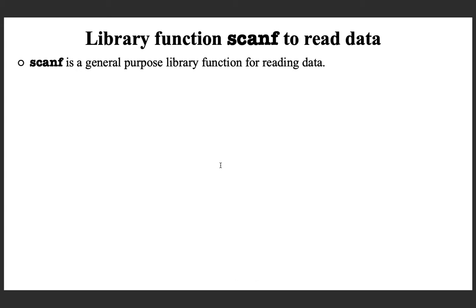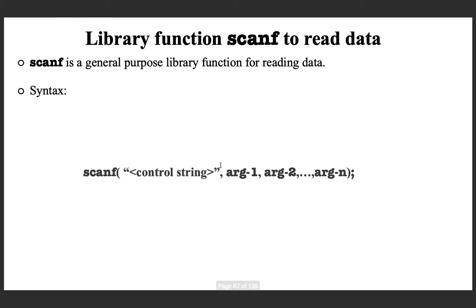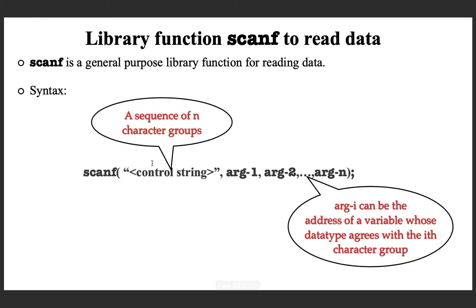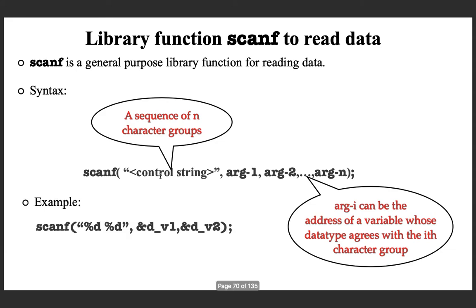Now we can see more formally what is the syntax of the scanf function. It is the syntax, don't worry. There is a string constant which is what is called a control string, which is a sequence of n character groups. Example will make it very clear, please don't get worried. And if there are n sequences, you can have n arguments. They are nothing but addresses of the corresponding variables you want to read.